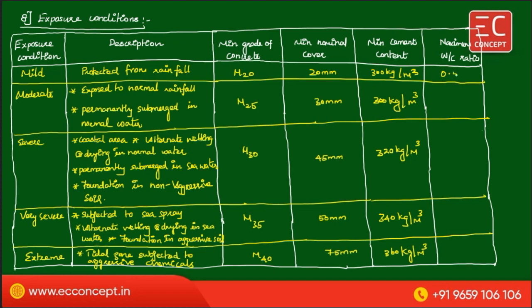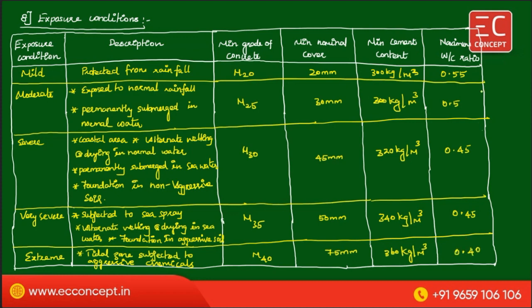The water cement ratio is 0.55, 0.5, 0.45, 0.45, and 0.40.